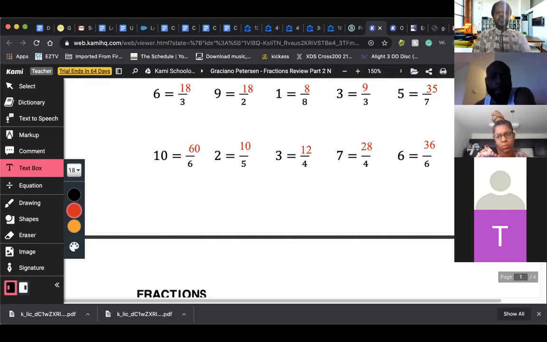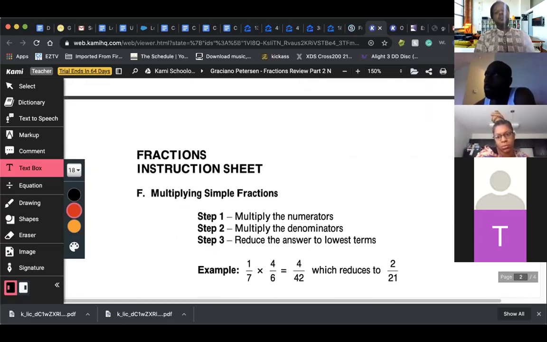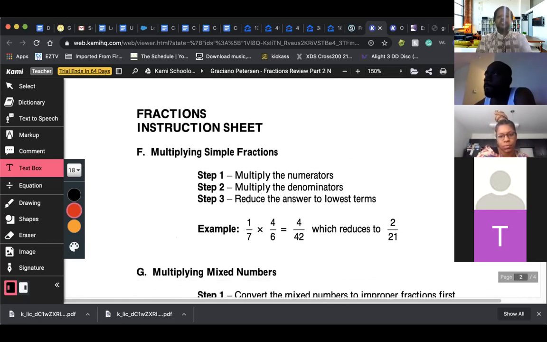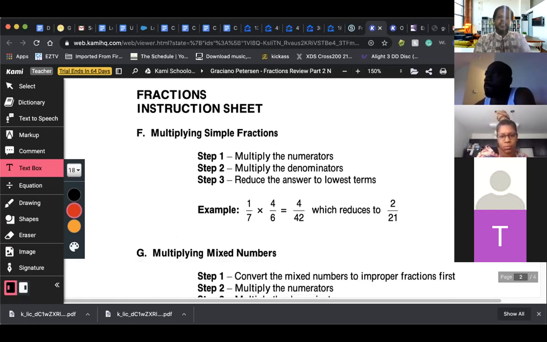Okay, we're just going to scroll down and look at the instructions for how to multiply a fraction. When we're multiplying simple fractions, all we do is multiply the numerators, multiply the denominators, and we get our answer, right? So 1 times 4 is 4, 7 times 6 is 42.